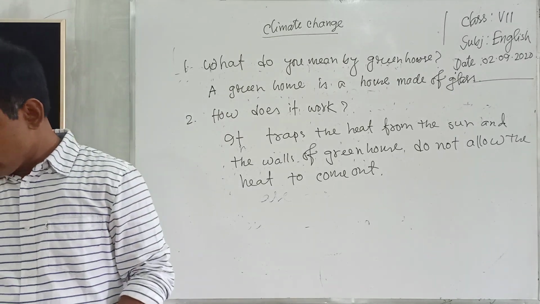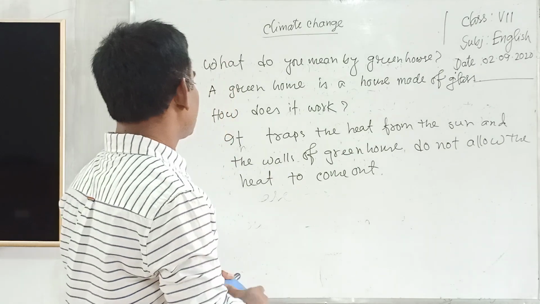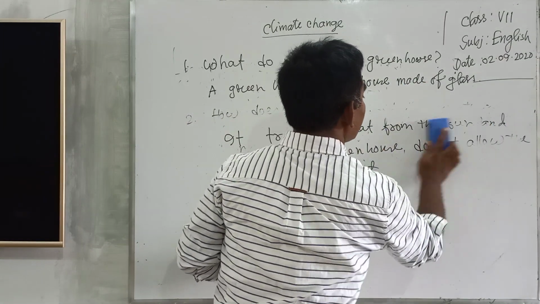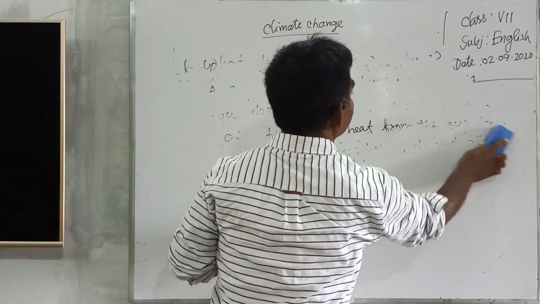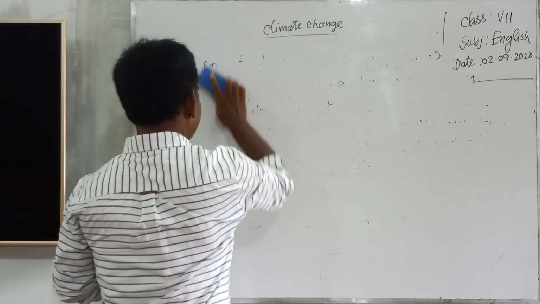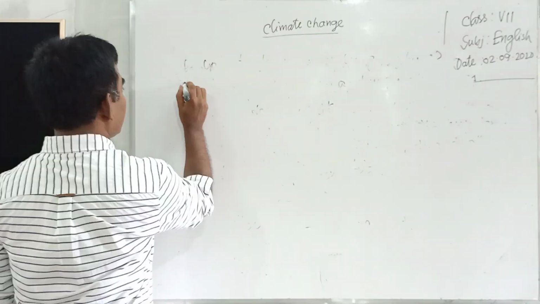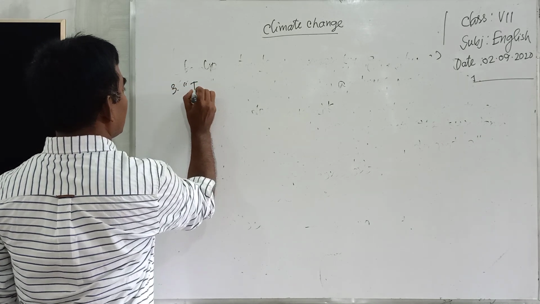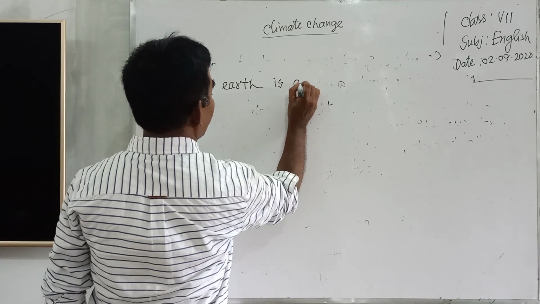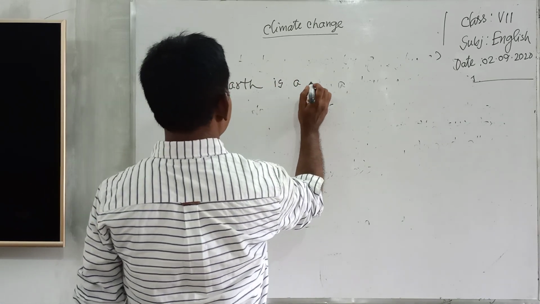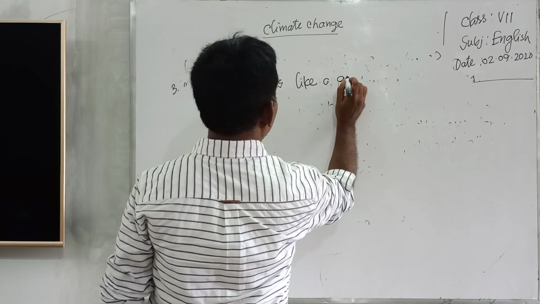Next, here a sentence is mentioned: the earth is like a greenhouse. How is it possible? The earth is like a greenhouse.